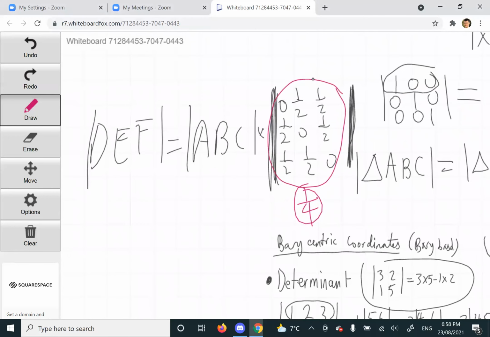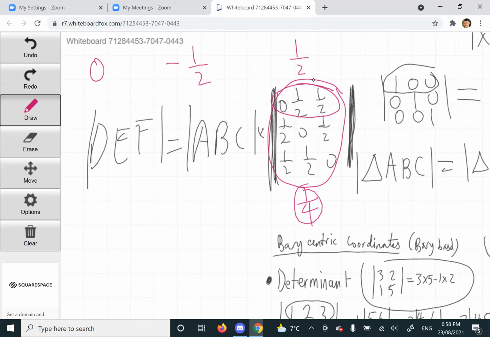Alright, so how do we work out this determinant? We can pick a row or column, okay? So do you want to mix it up or do you want to just repeat? So maybe just repeat the first row, okay? So it's 0 minus a half plus a half, yeah?